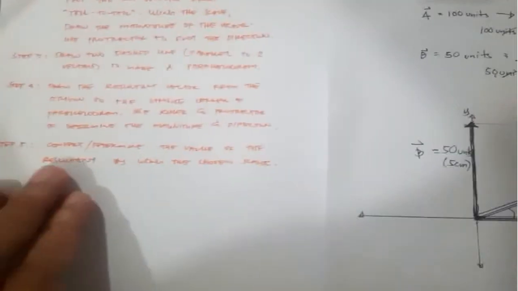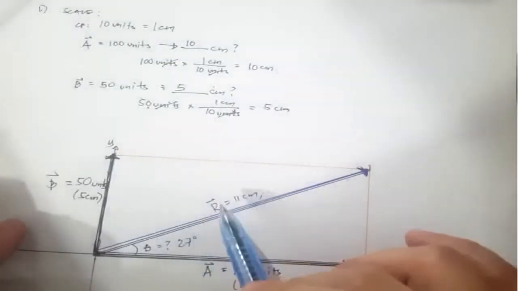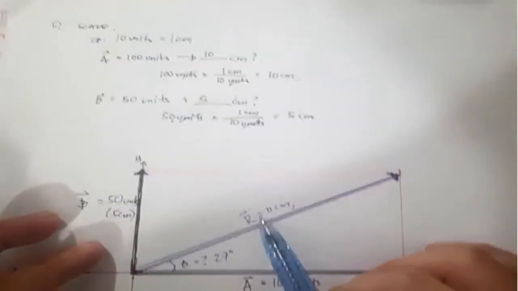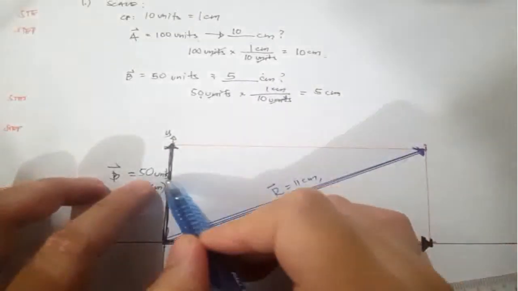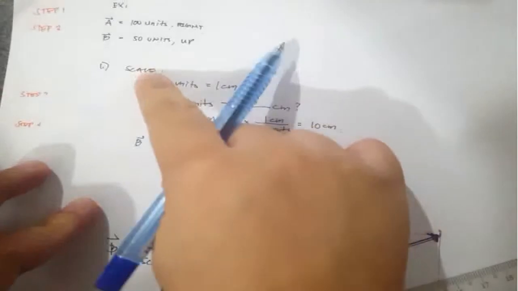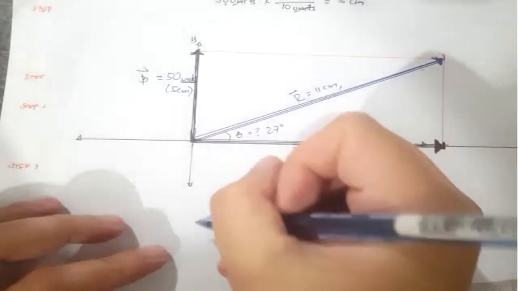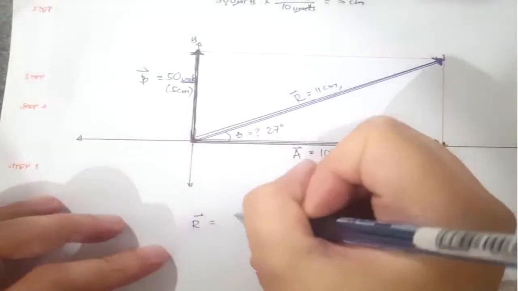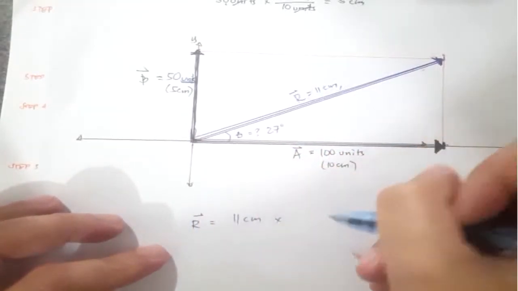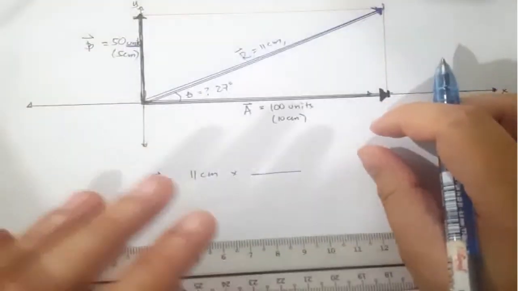So after that, we proceed to step 5. Convert or determine the value of the resultant by using the chosen scale. Since this is in terms of centimeters, but what we want as an answer is to convert the centimeters back into units. So using our scale, we have 10 units equal to 1 centimeter. We can now convert back our resultant to determine how many units this is.